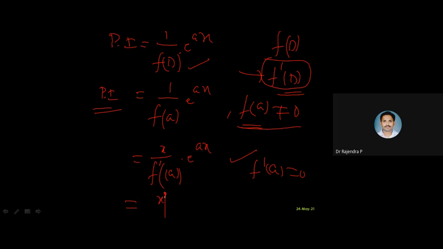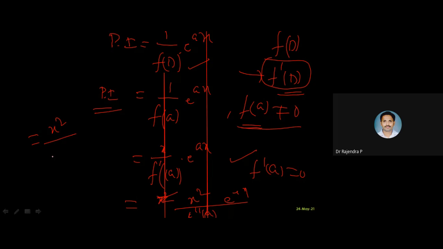Already x is there, so x into x, x square, divided by, again differentiating the denominator and substituting the value of a, f double dash of a, into e power ax. That is what I did one more time: x square by f double dash of a into e power ax. It will continue. If you get 0, supply one x to the numerator, differentiate the denominator polynomial, and again substitute the a value.